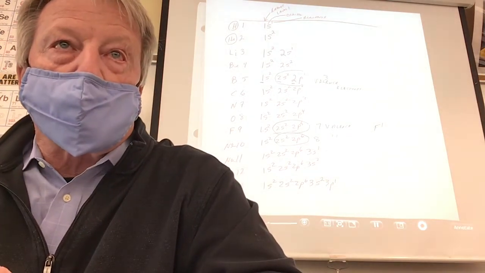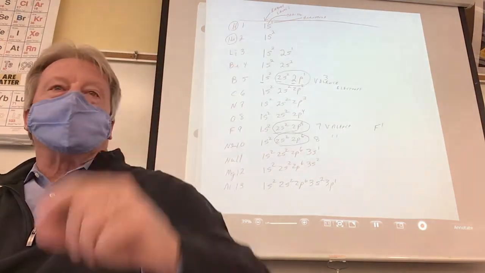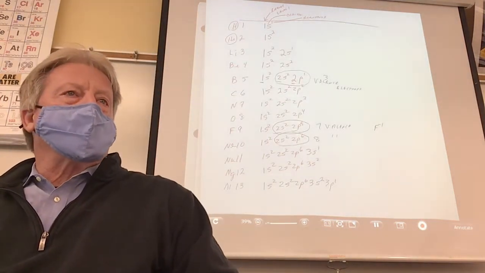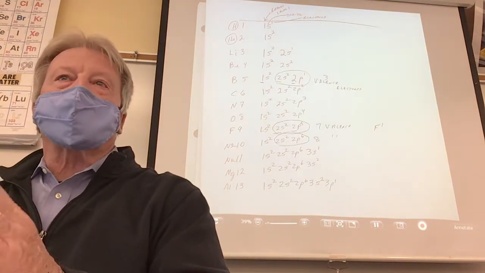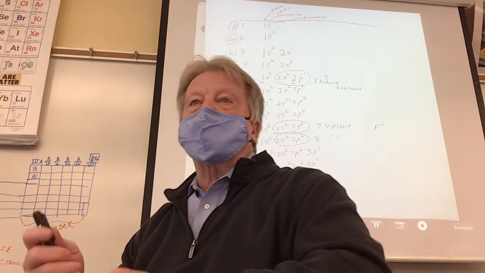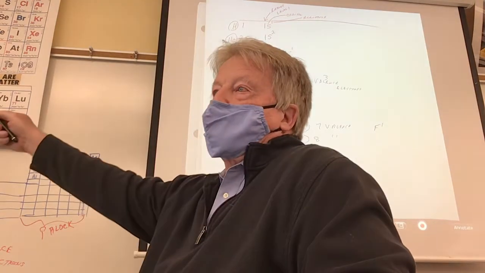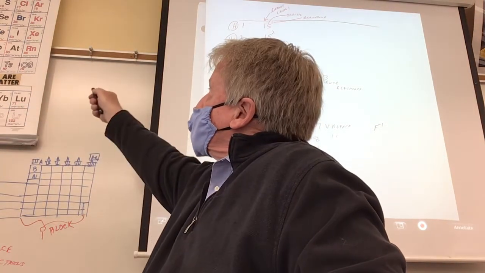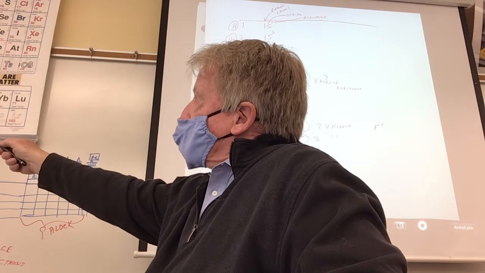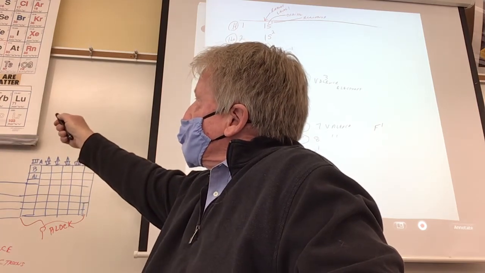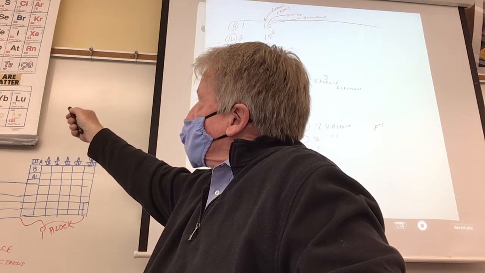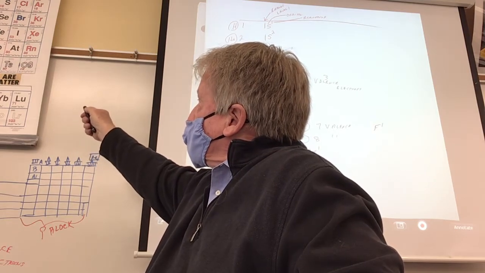Now, I want to show you something. You might be sitting there saying, you want me to memorize all of these? No, I don't memorize any of these. I look at the periodic table and I read it. Let's read it. I'm going to go left to right. 1s1, 1s2. This is called the s block. 2s1, 2s2. Go to the p block. 2p1, 2p2, 2p3, 2p4, 2p5, 2p6.